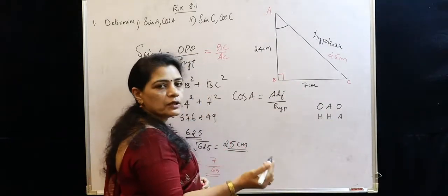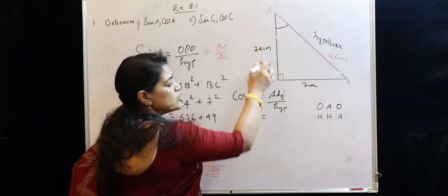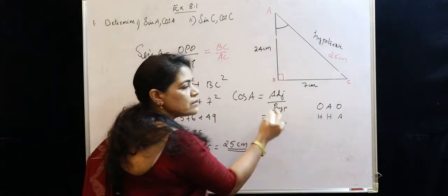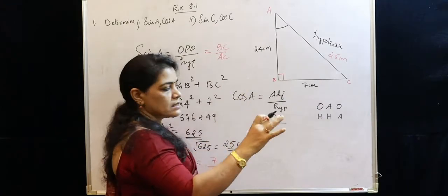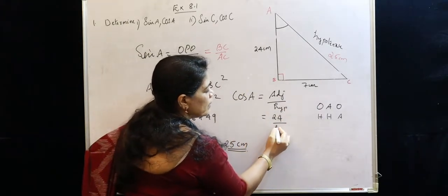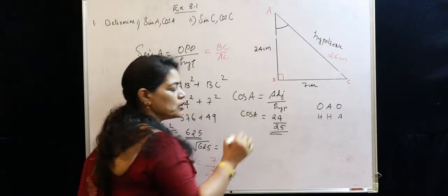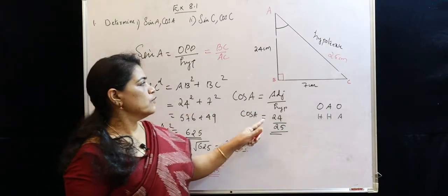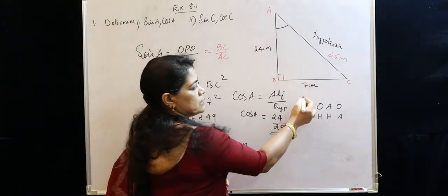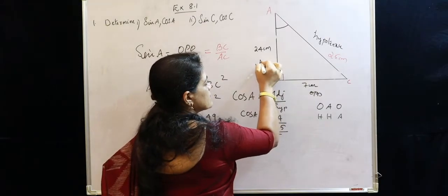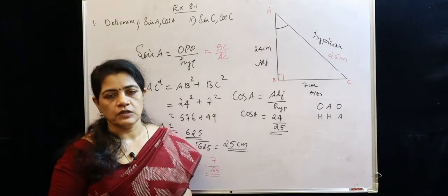The adjacent side with respect to angle A is 24, and the hypotenuse is the same for any ratio, because it is the longest side, that is 25. So cos A is equal to 24 by 25, that is adjacent side by hypotenuse. This is the opposite side and this is the adjacent side with reference to angle A. This is all about the first sub question.